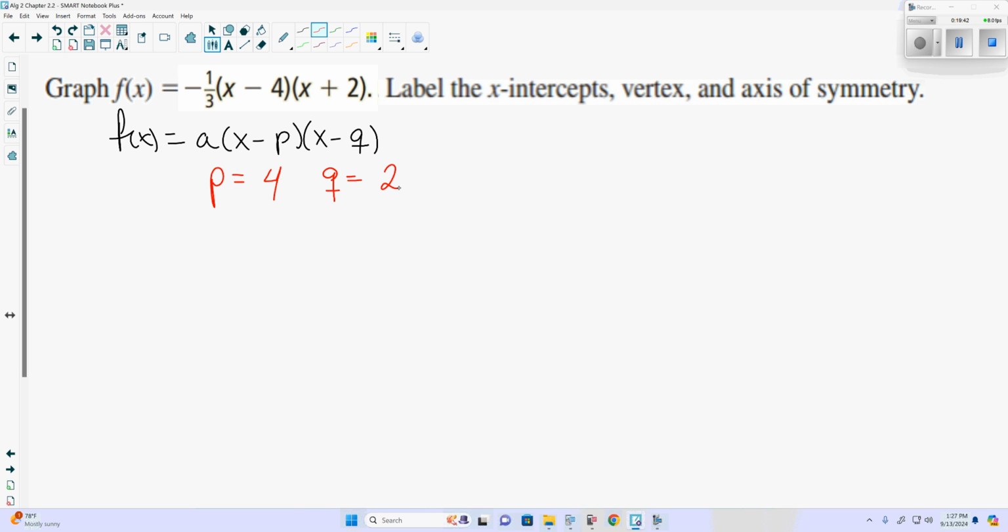The only way I can go from subtraction to addition is if q's value is negative, because really, we could think of this as x minus negative 2 for it to line up. So when we're coming out of those parentheses, the sign looks like it's flipping. When it's minus 4 inside, it comes out as positive 4. When we have positive 2 inside, it comes out as negative 2.